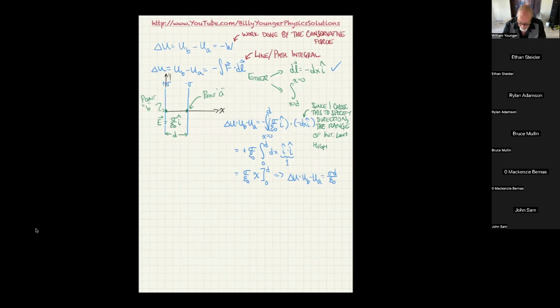So notice that came out to an increase in the potential energy. So note delta U is greater than 0, which implies U increased.